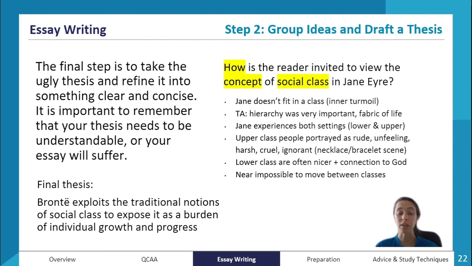So a final thesis here: Bronte exploits the traditional notions of social class to expose it as a burden of individual growth and progress. You can see we've got that same line of thinking that we had in our original draft thesis, but we've refined our language and thought more deeply about that original idea as well.